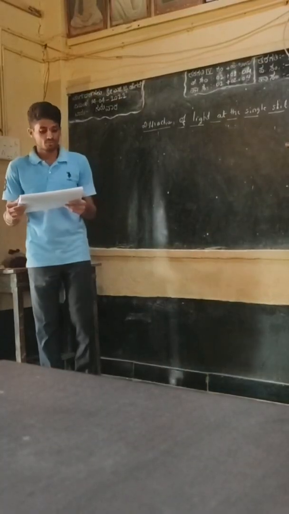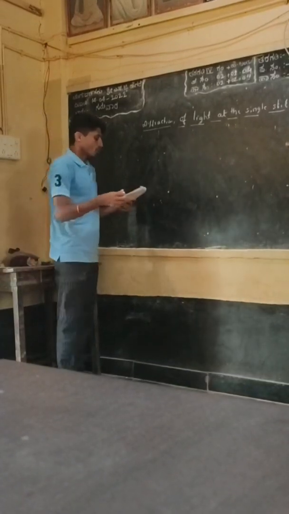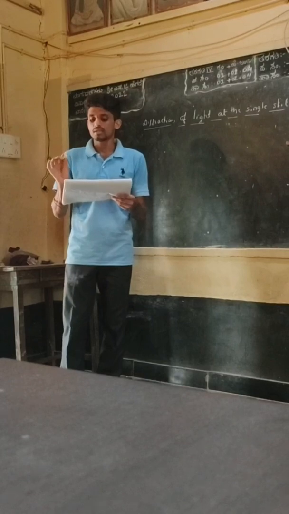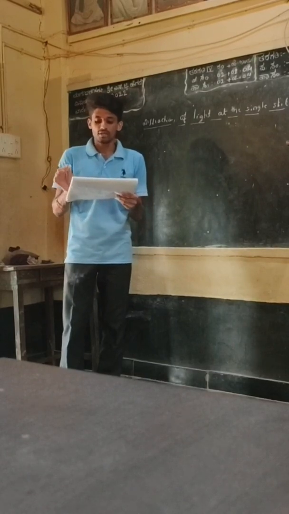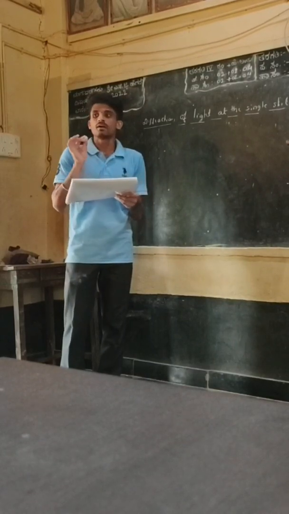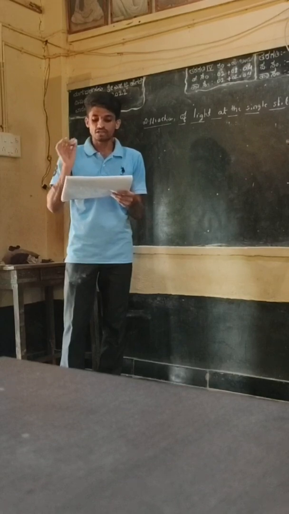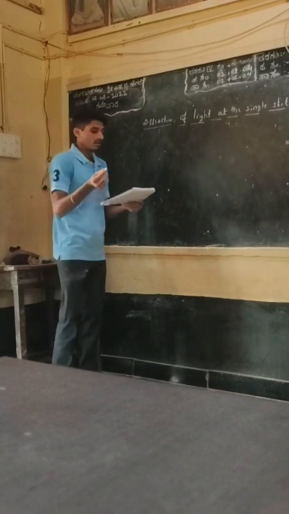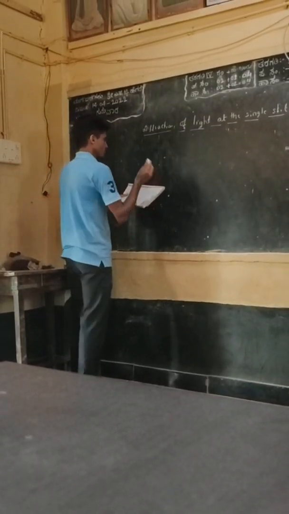Let me solve some problems. A Fraunhofer diffraction at a single slit is performed using 700 nanometer light. If the first dark fringe appears at an angle of 30 degrees, find the slit width. Let me note down the given data.